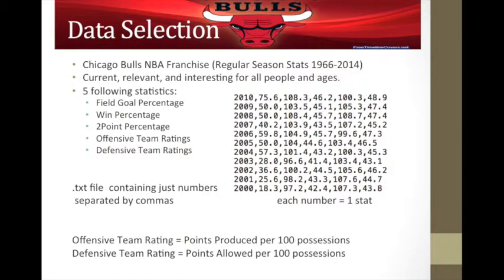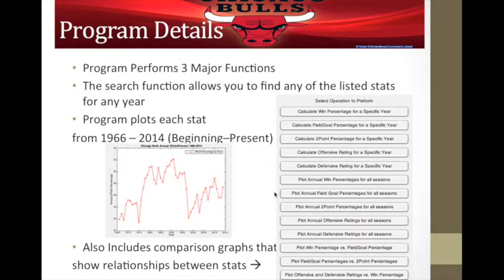So essentially, my program takes this txt file that's just numbers, and each row starts off with the year, followed by each corresponding statistic. It takes this data and then performs three major functions.